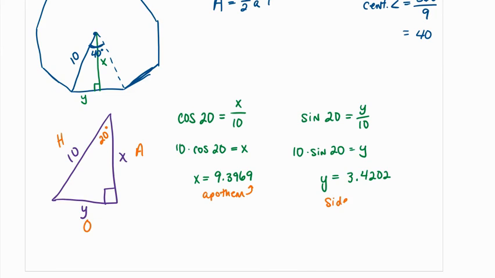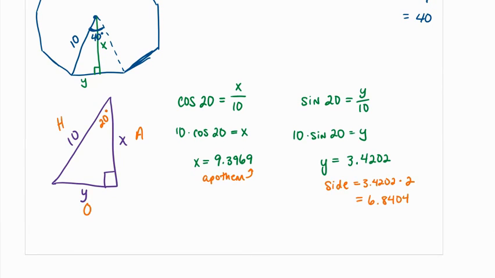So to get a side, I want to do that 3.4202 times 2, which is 6.8404. So then to get our perimeter, I'm going to do that times 9, because we have 9 sides. So that's 61.5636.